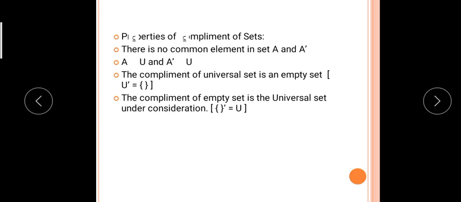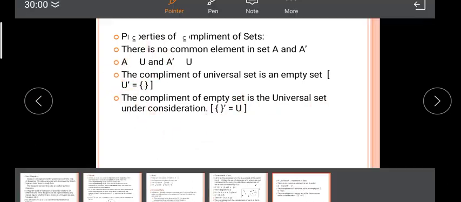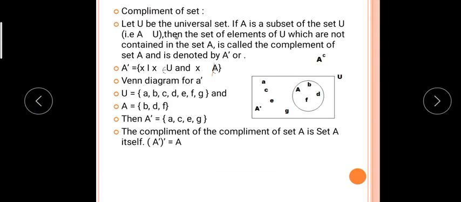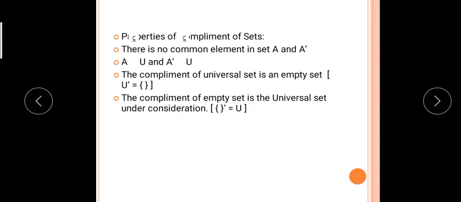The complement of the universal set is empty, and therefore we can write U complement equal to the empty set. The complement of the empty set is the universal set. Obviously, the empty set has no element, so its complement is the universal set. So you have to remember this property also.